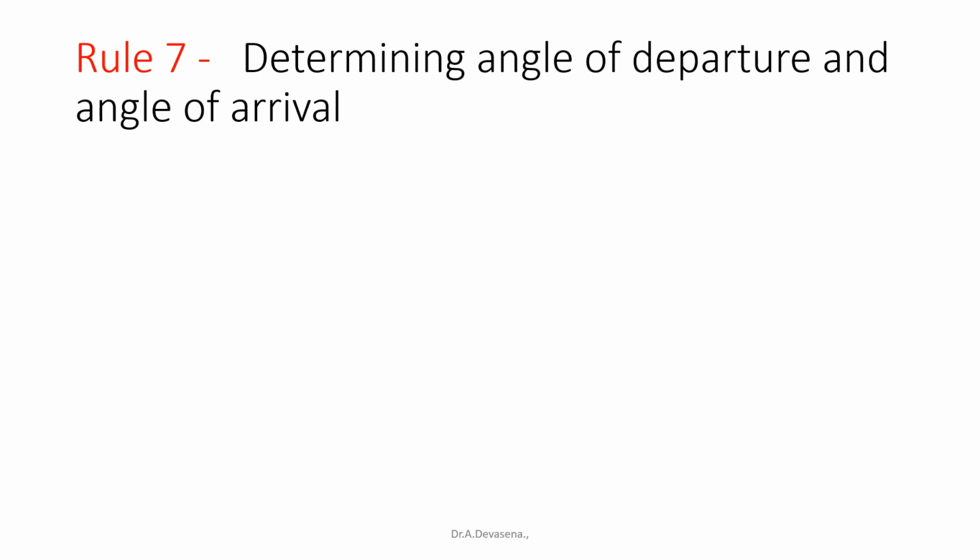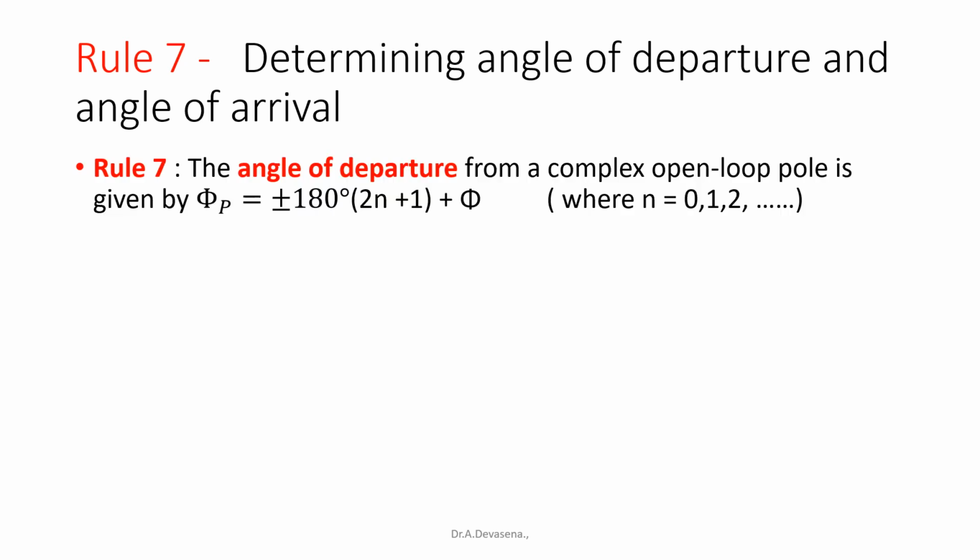Now we start discussing the angle of departure and the angle of arrival. The angle of departure is calculated when we have complex poles in the given problem. The angle of arrival is calculated when we have complex zeros in the given problem.